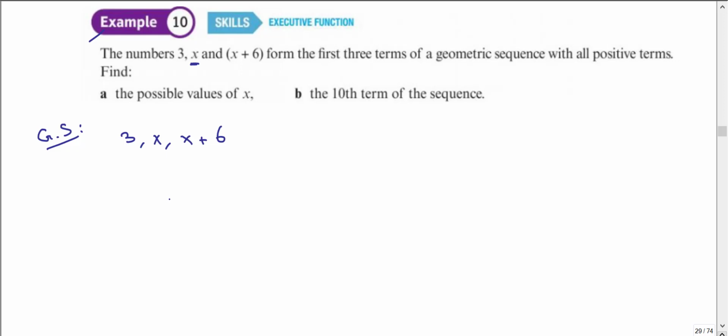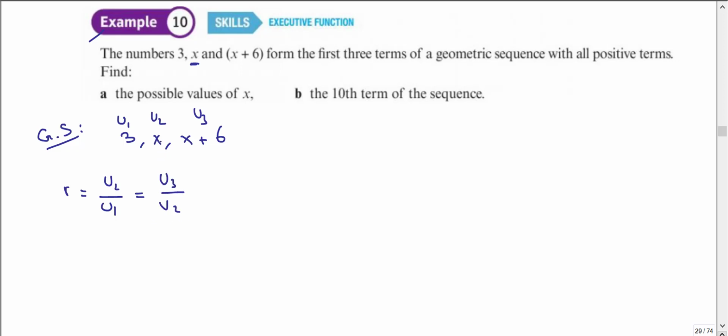Think in this case of R. This is U1, U2, U3. From the rule of R, we can use R to create some equation. How? R is U2 divided by U1, which is also U3 divided by U2.